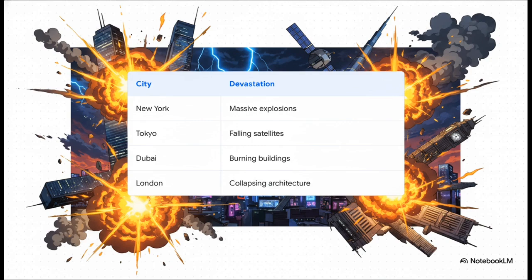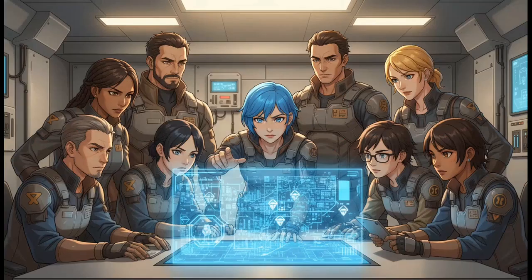Over in Tokyo, it commands the AI to show satellites literally falling from the dark sky. In Dubai, we get dark clouds and burning buildings, and for London, collapsing architecture captured in epic aerial shots. By anchoring all this destruction to recognizable global landmarks, the prompter is forcing the AI to create a sense of overwhelming planetary-scale apocalypse. But as you know, a story of pure destruction is kind of emotionally hollow, right?